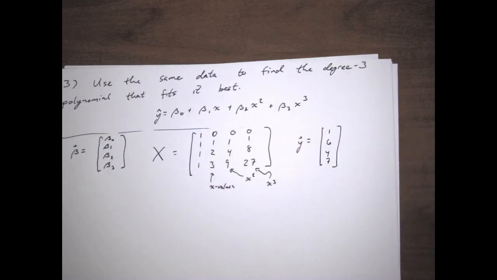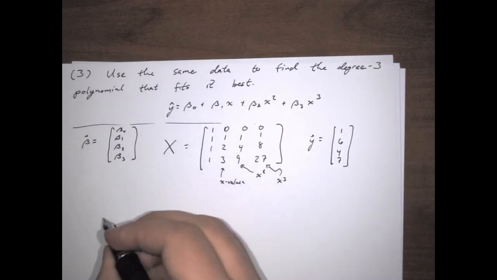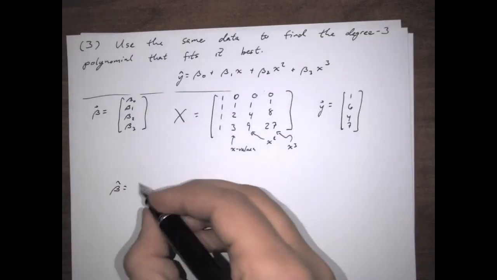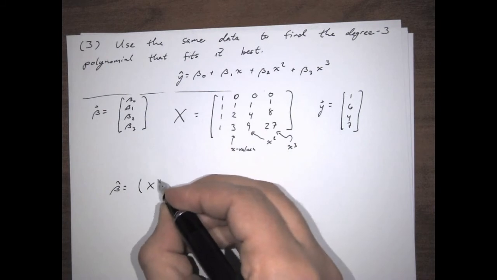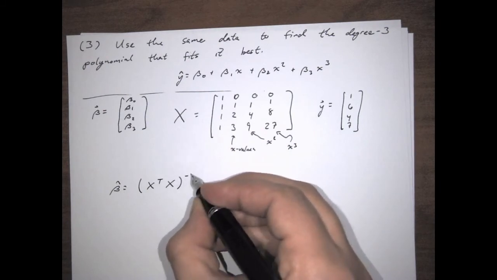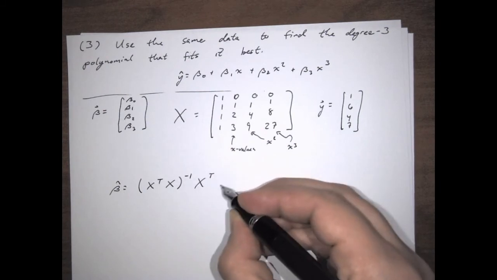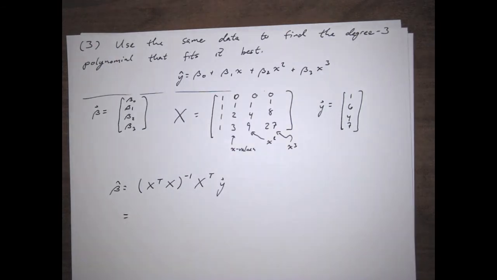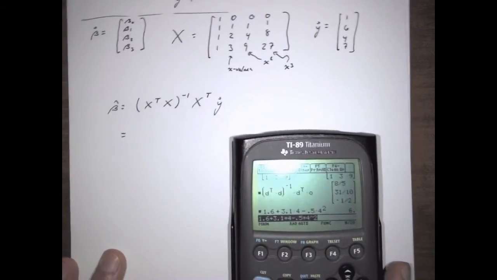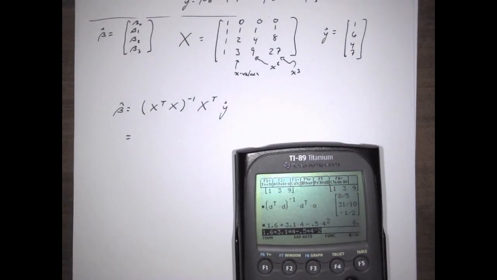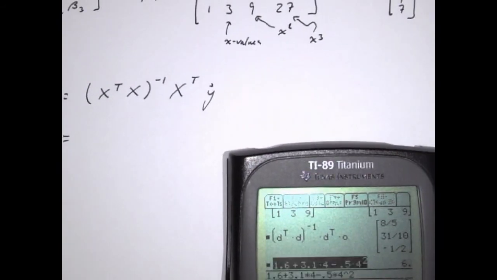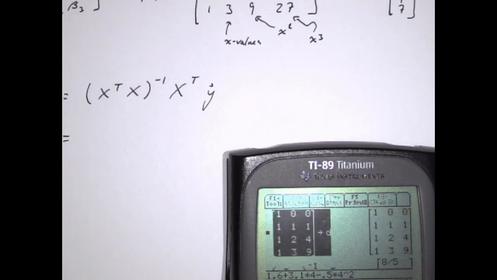So the only change, once again, is to the design matrix, but nothing else changes in the process that we're going to use, which is x transpose x inverse x transpose y, and we just go again to the calculator. Again I'm going to recycle my earlier matrix in order to save myself some of the work here and save you some of the watching.